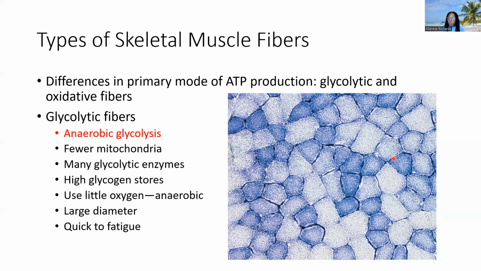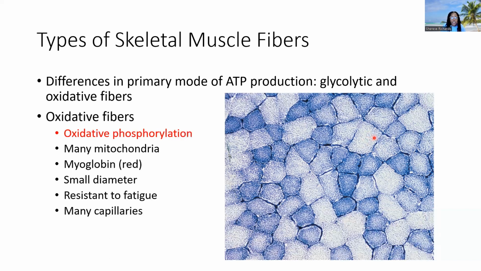They don't appear red or dark in this staining pattern because they are not reliant on oxidative phosphorylation. All right, so large fiber diameter appearing white, using little oxygen, but having lots of glycogen stores and lots of glycolytic enzymes, and that will be our glycolytic fibers.